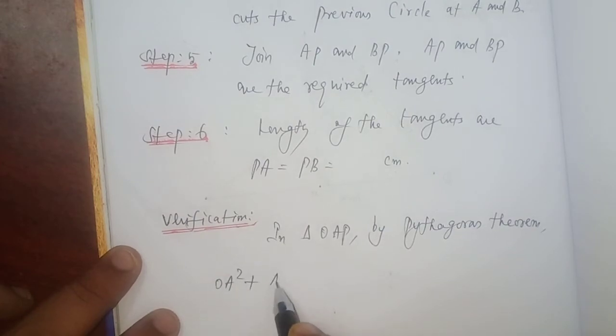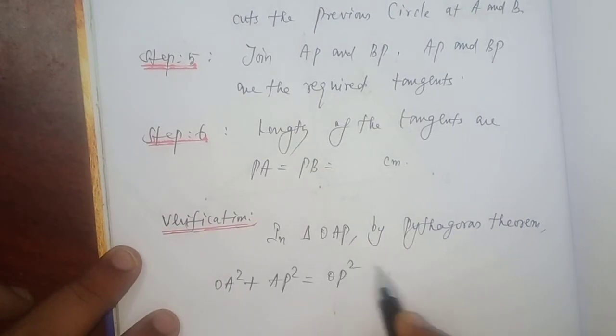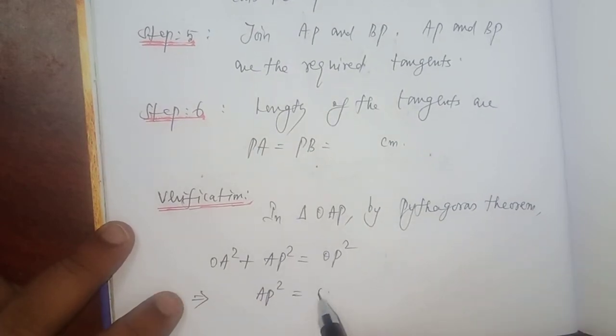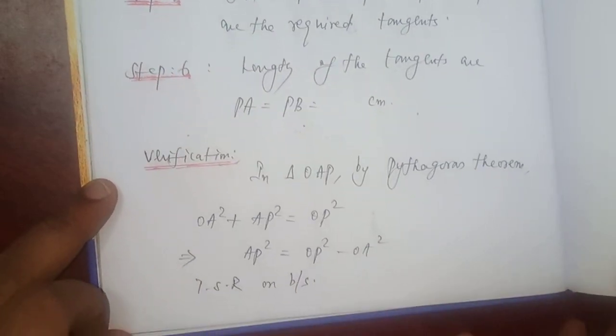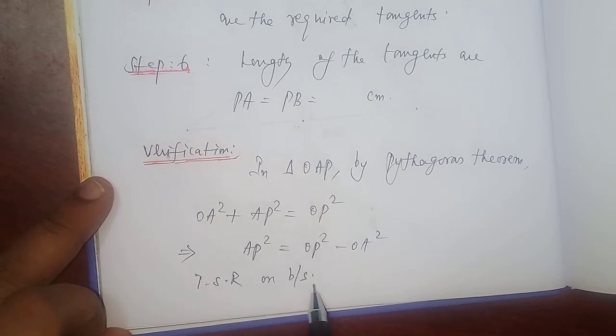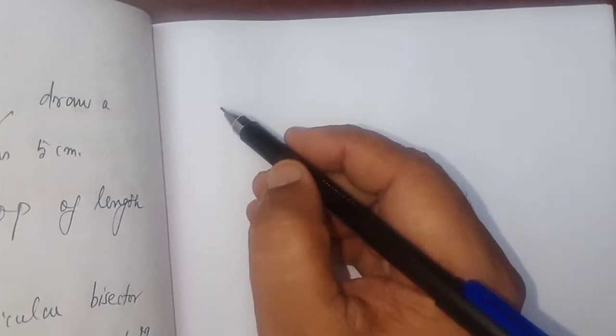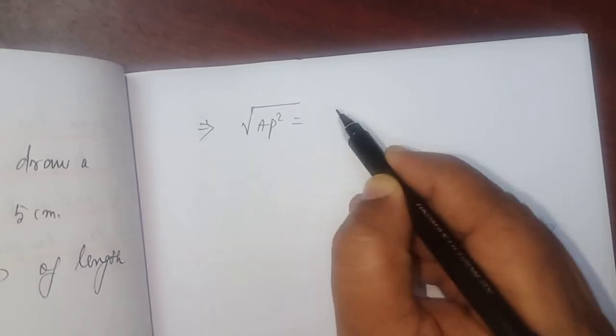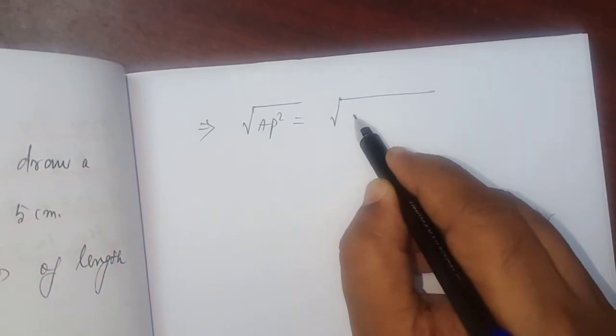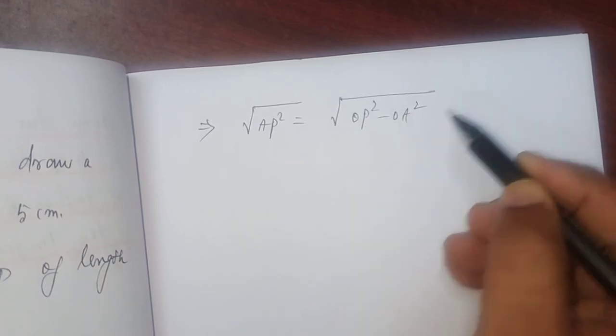OA squared plus AP squared equals OP squared, which implies, retaining AP squared on the left hand side, OP squared comes to the right hand side, minus OA squared. Taking square root on both sides, which implies square root of AP squared equals square root of OP squared minus OA squared.